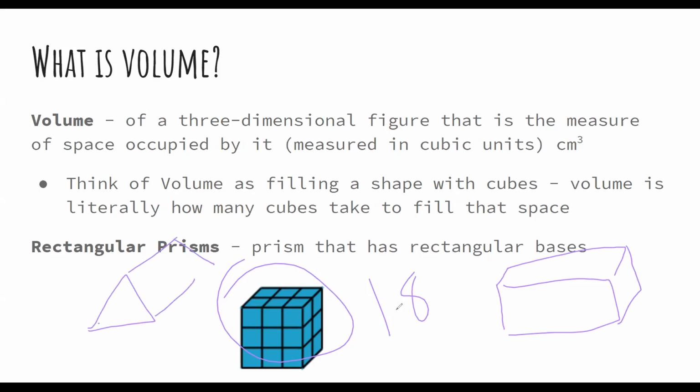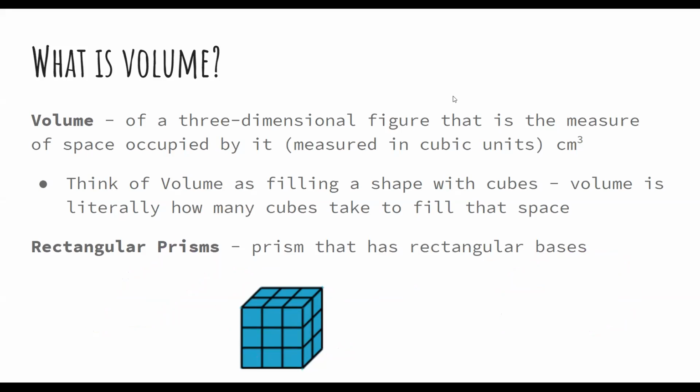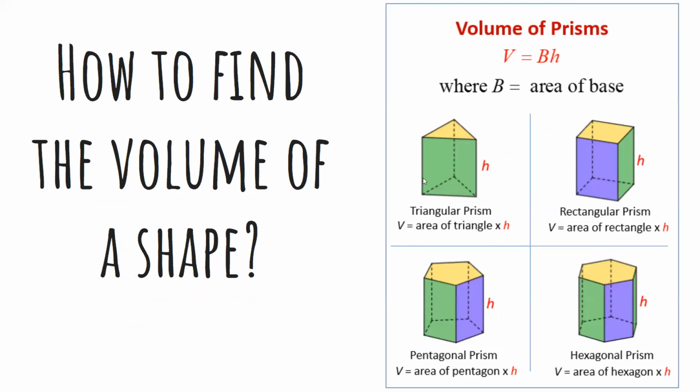Your base shape is going to classify what type of prism it is. In this, we're just going to talk about these top two. We're going to first talk about a rectangular prism and how to find the volume of that.